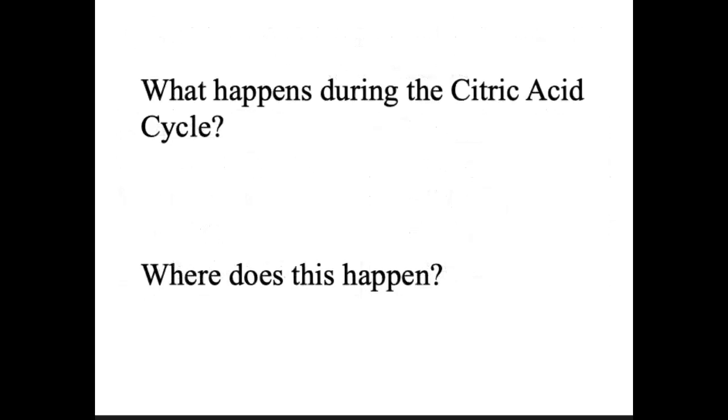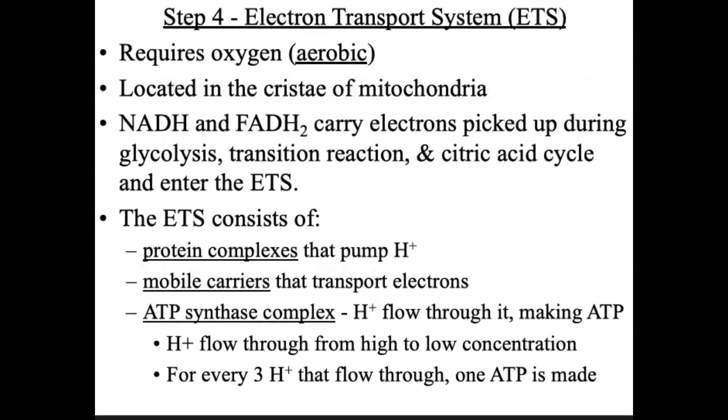From that citric acid cycle, which made some NADH and FADH2, again, this happens in the matrix of the mitochondria, we're going to take the hydrogens from the NADH and from the FADH2, and we're going to pump them through a very special enzyme found in the cristae of the mitochondria called ATP synthase. It's the same enzyme that was found in photosynthesis.